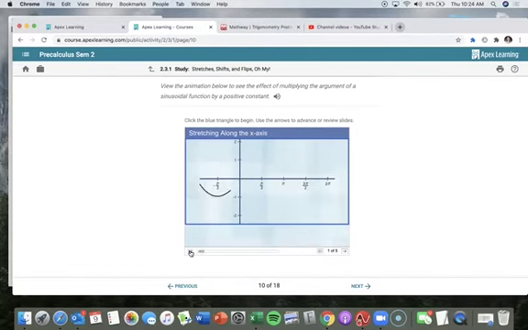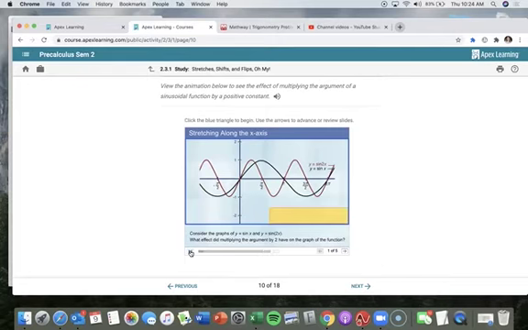That's our normal sine function. When I write 2x here, it looks like we've squished our graph in the x direction. I've made it go faster, effectively.